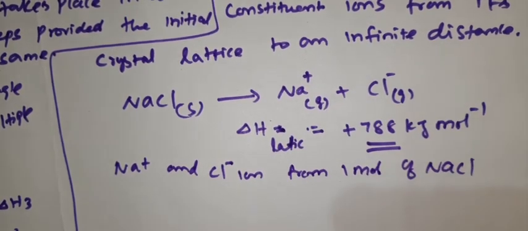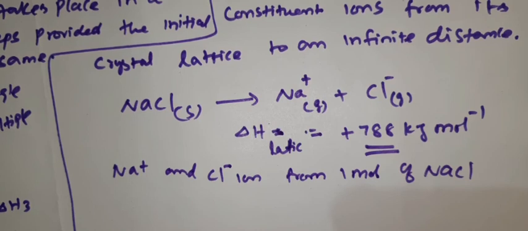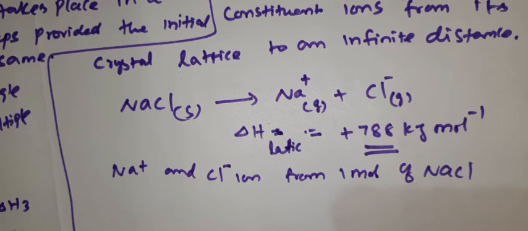So 1 mole of NaCl we are going to split. How much energy is required? That is 788 kilojoule per mole. So that much energy is required to separate these ions in gaseous form. So that's all about lattice energy.